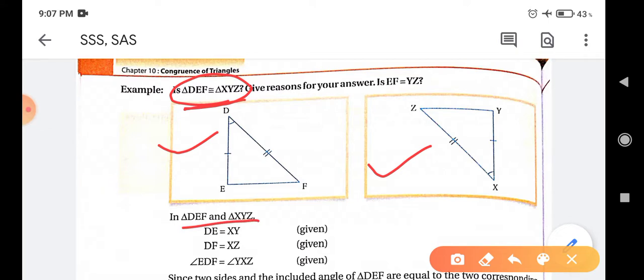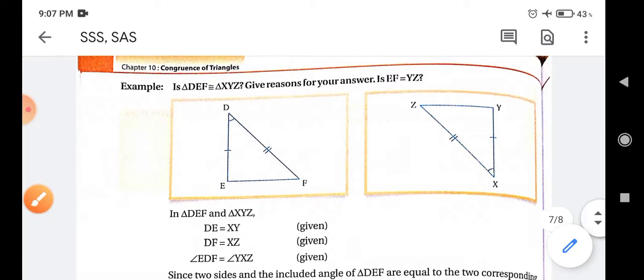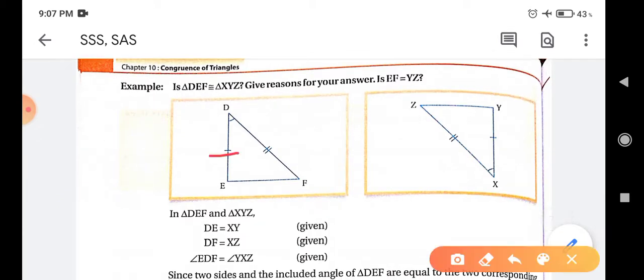In triangle DEF and triangle XYZ, we are given that DE is equal to XY, and DF is equal to XZ.